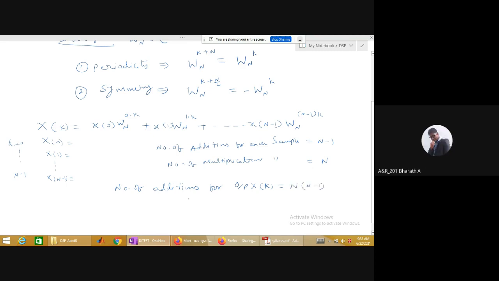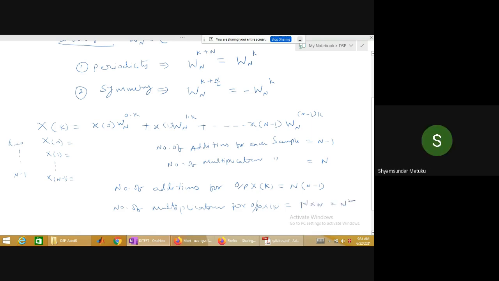Similarly, each sample needs N multiplications, so the total number of multiplications is N square. Very good.